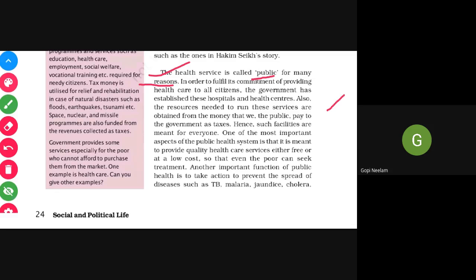For example, let us say either in local hospitals or the district headquarters, there are many government hospitals. How do they run these hospitals? Do you think hospitals can run without money? It is not possible, right? Why is it not possible?